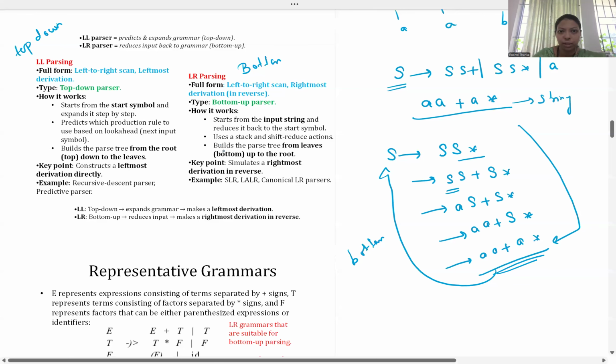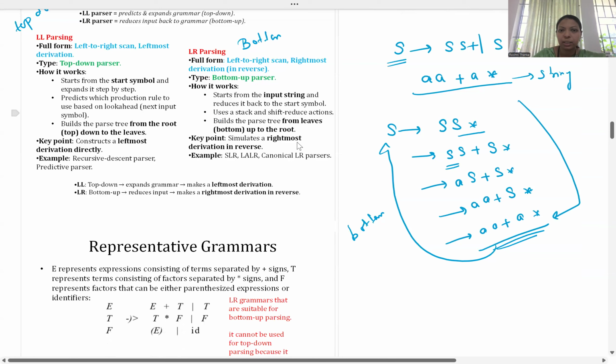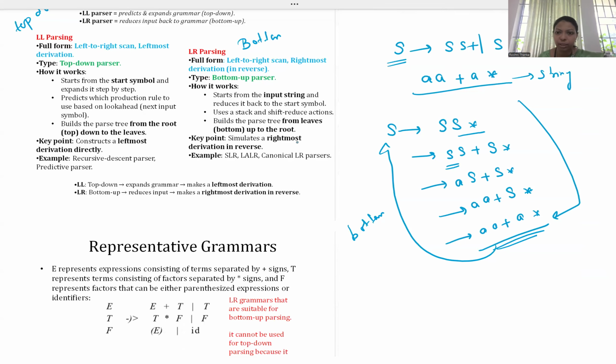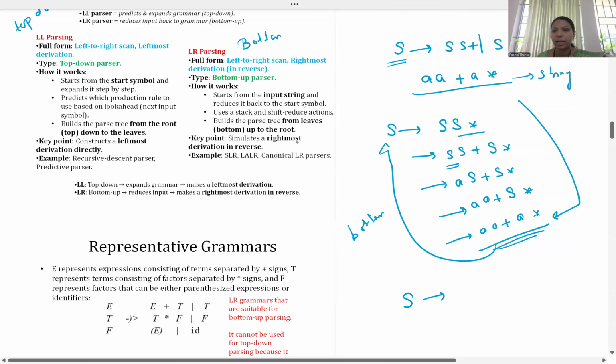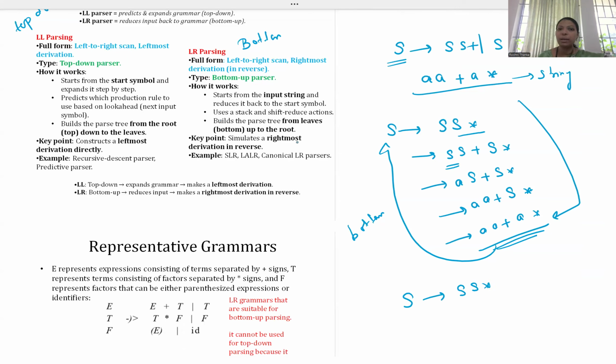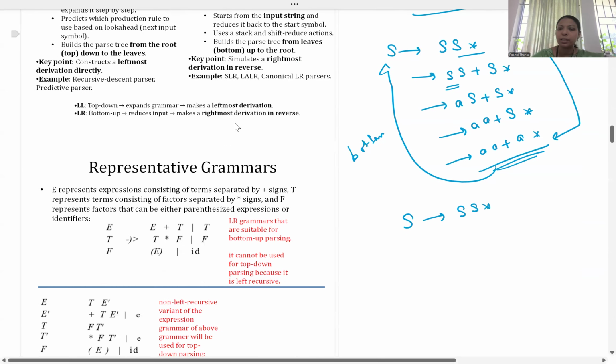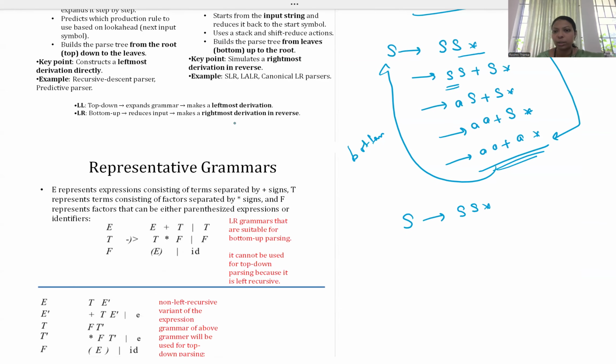Now if I do the rightmost derivation for the same string, let me take the same input. This time, since it is a rightmost derivation, I'll take the rightmost non-terminal. Earlier we took this one, right? Since it is rightmost derivation, I take the rightmost non-terminal and derive it.